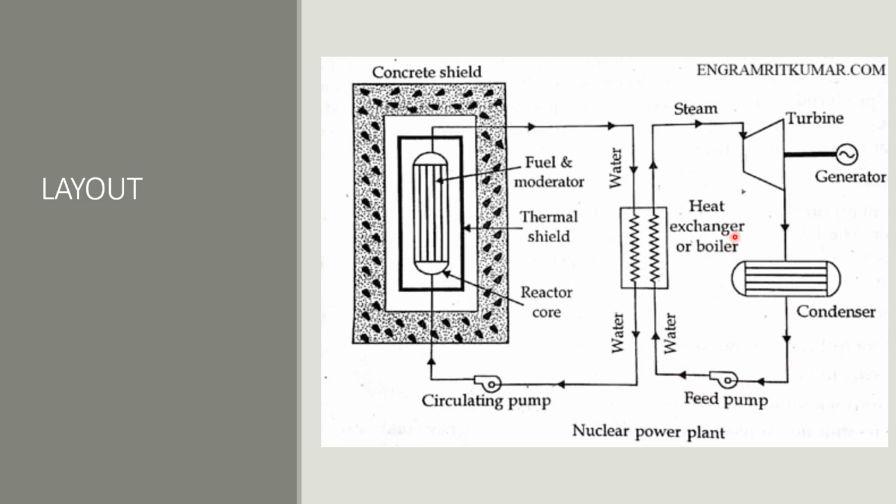This cycle is separate from the other one, and in this cycle, after the heat exchange, we have a circulating pump which regulates the water. So this is the basic layout of the nuclear power plant, and you can understand the main component, that is the reactor part.